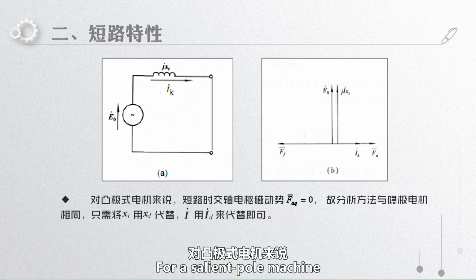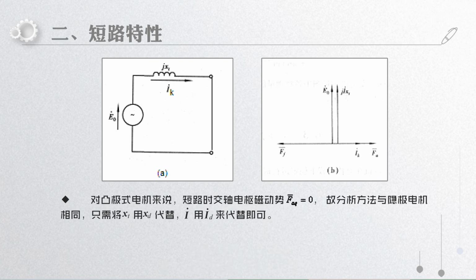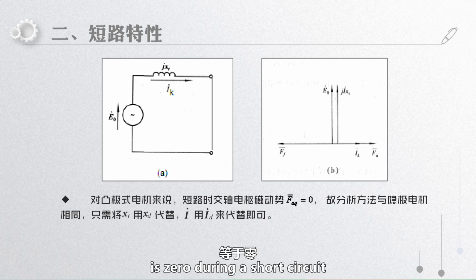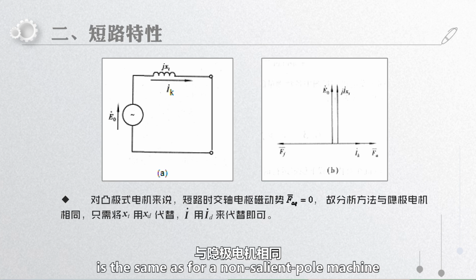For a salient pole machine, the quadrature axis armature magnetomotive force FAQ is 0 during a short circuit. Therefore, the analysis method is the same as for a non-salient pole machine.